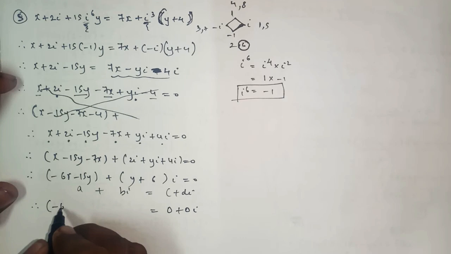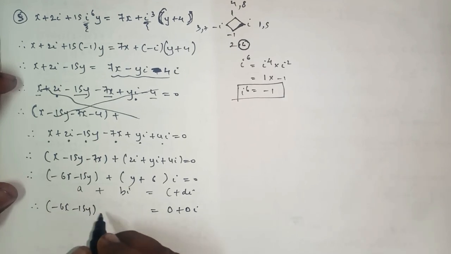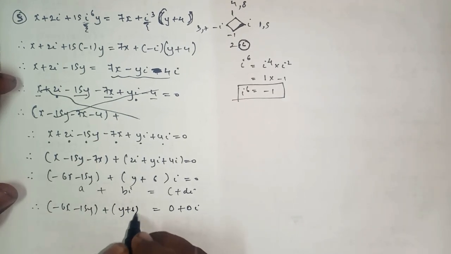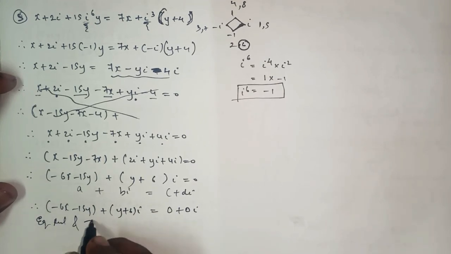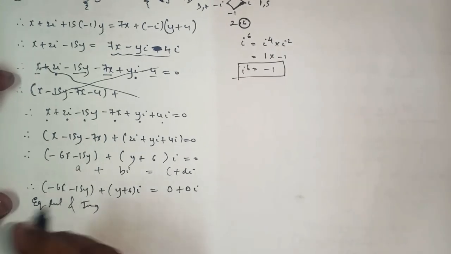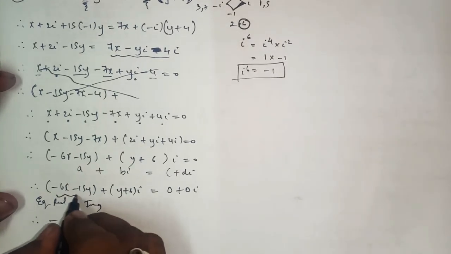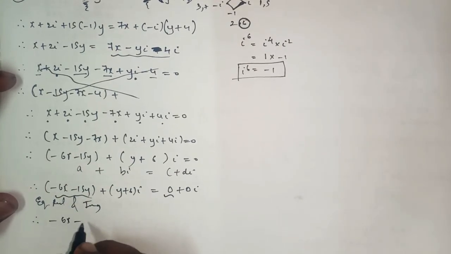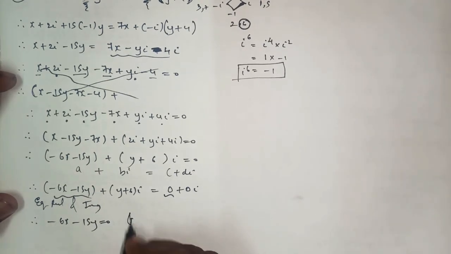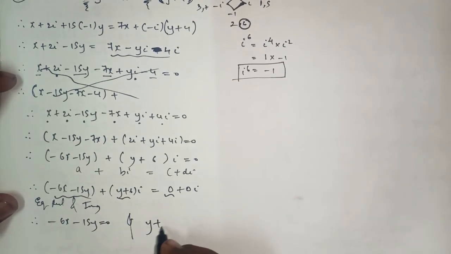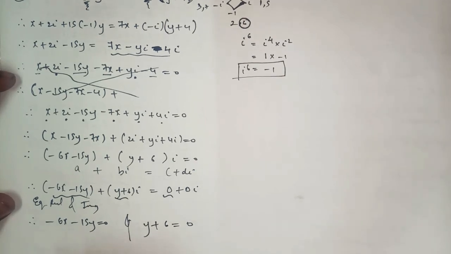So therefore minus 6x minus 15y plus y plus 6i. So here also we'll do equating real and the imaginary part separately. So here you will get minus 6x minus 15y equals to 0, and the second as y plus 6 equals to 0.